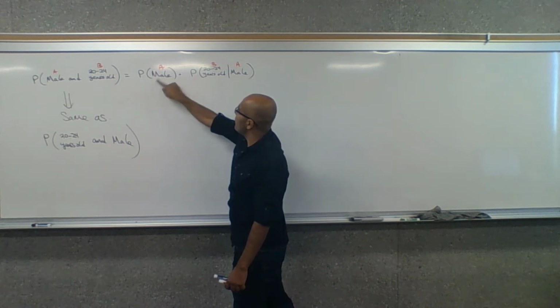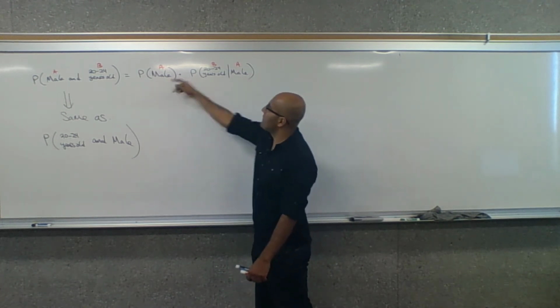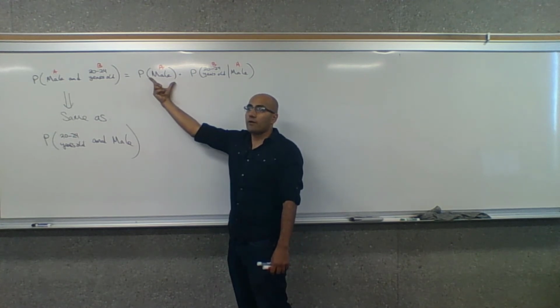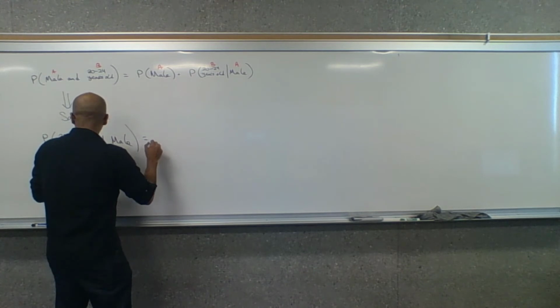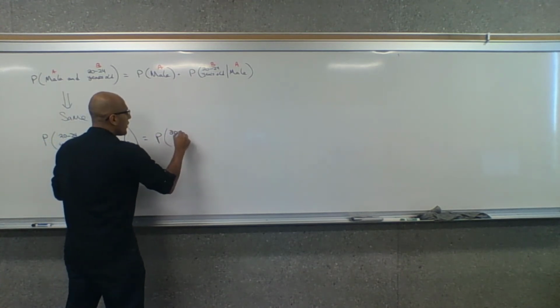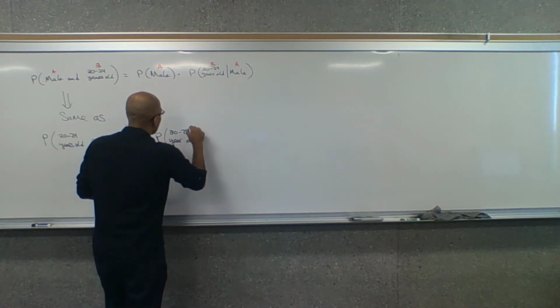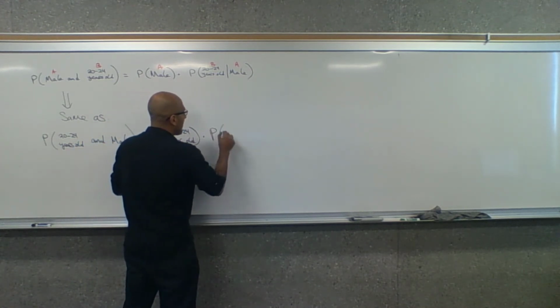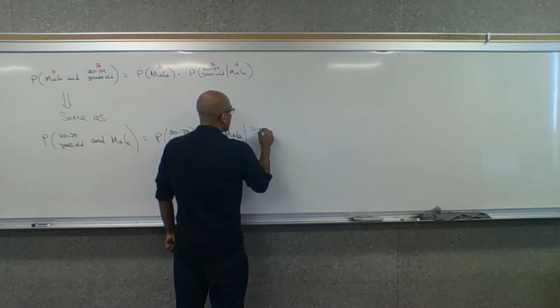It's got to be male times 20 to 24-year-old, given that they're male, right? Given that, because we've already established that up here. Okay? So now this one is going to be equal to the probability that it's a 20 to 24-year-old times the probability that they're a male, given that they're a 20 to 24-year-old.